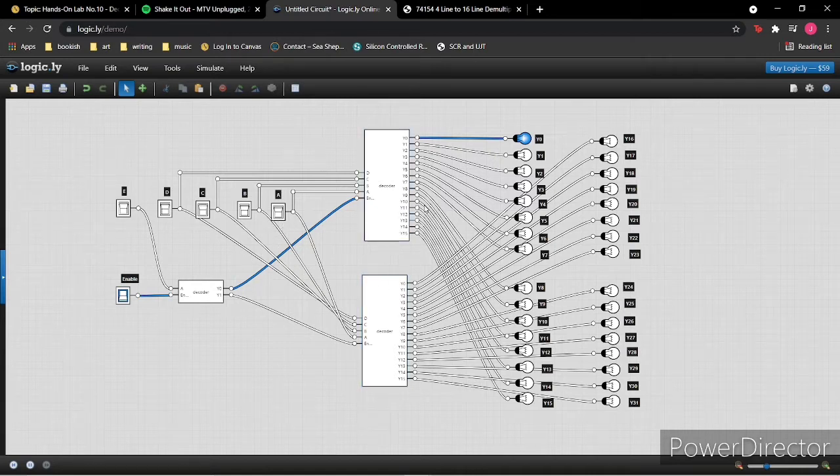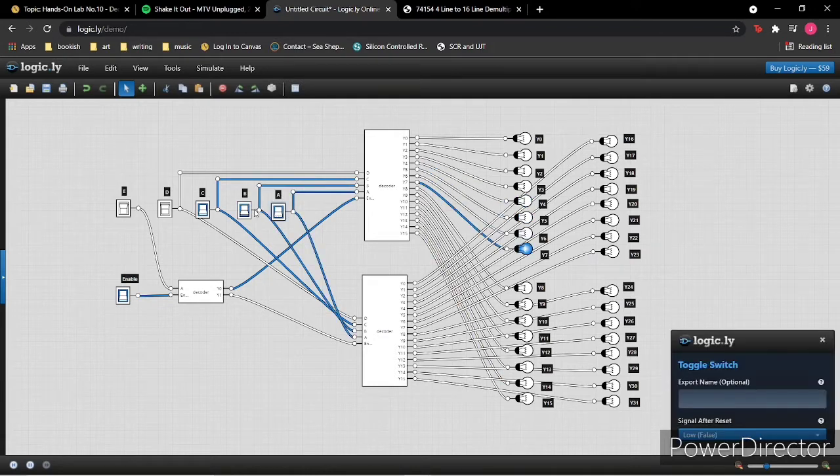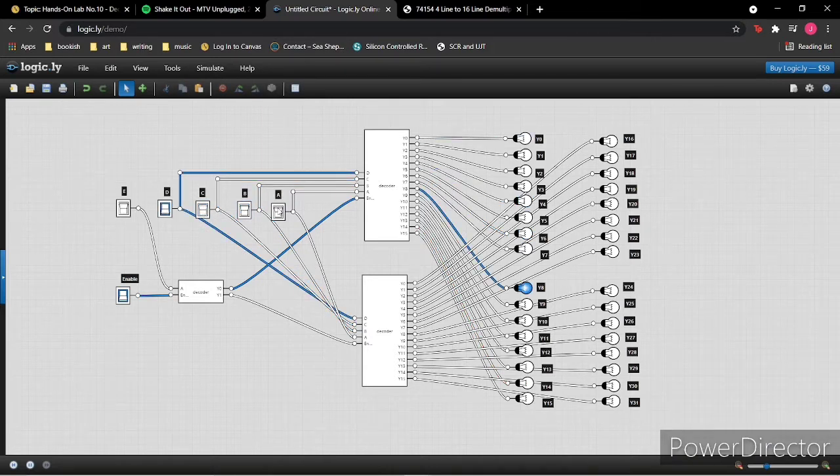So testing the inputs. All 0, that is Y0, then 1, 2, 3, 4, 5, 6, 7, 8, 9, 10, 11, 12, 13, 14.